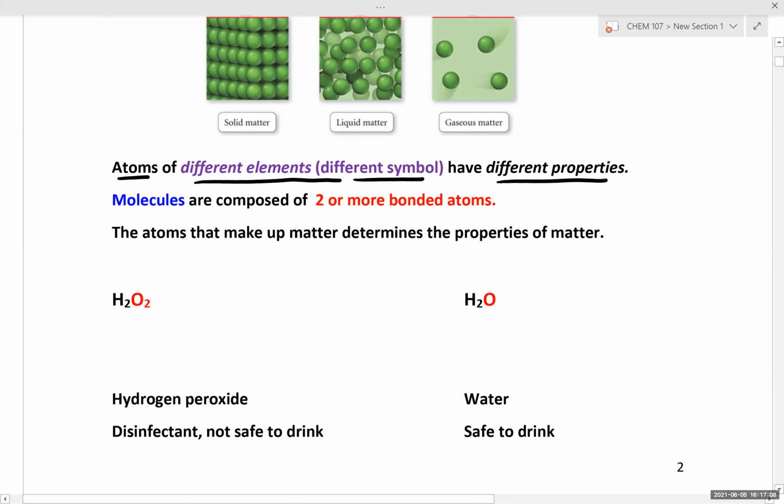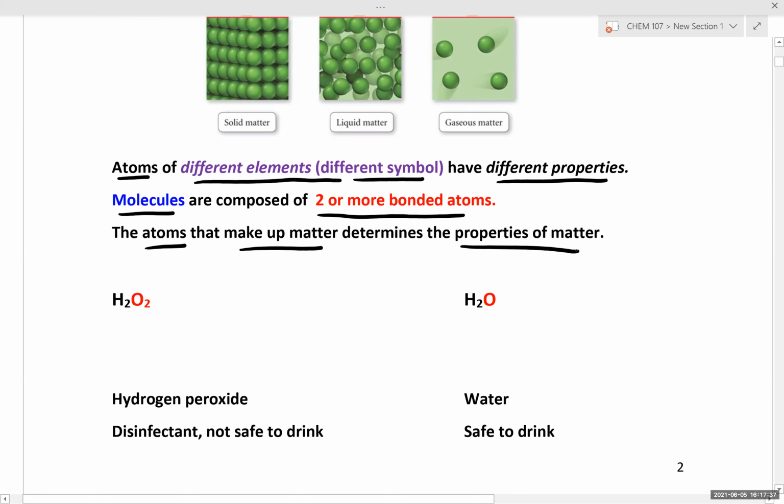We can generate more molecular complexity and we can start to look at more complex compounds by thinking about molecules, which are composed of two or more bonded atoms. And what's really important to this idea and the study of matter in chemistry is that the atoms that make up matter determine the properties of matter.